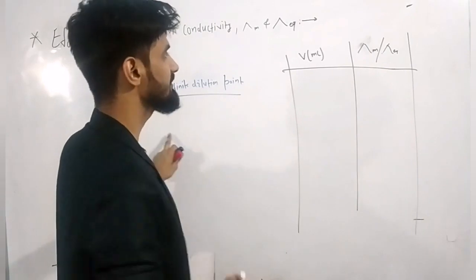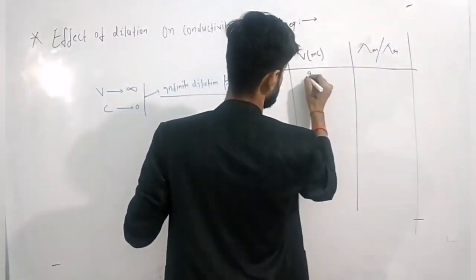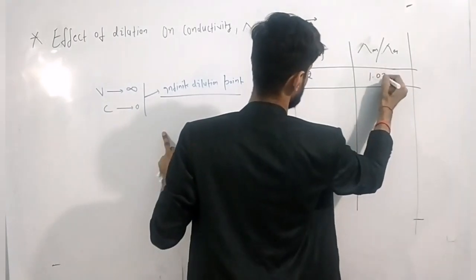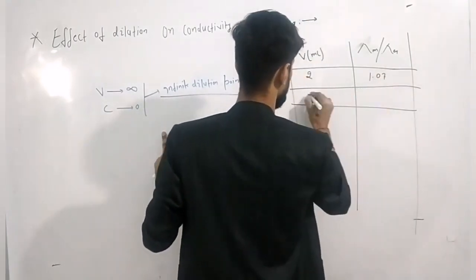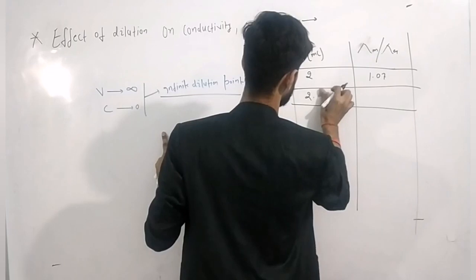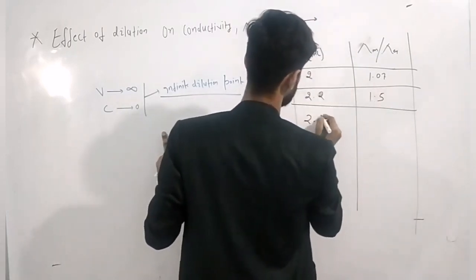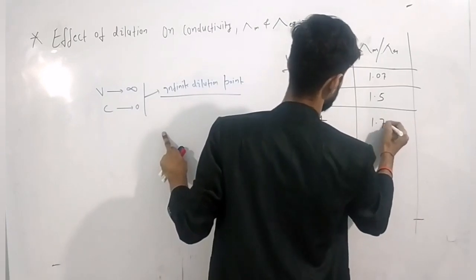If you take a volume of 2 milliliters, kappa molar is equal to 1.07. If you increase the volume to 2.2, kappa molar becomes 1.5. If the volume is 2.4, kappa molar becomes 1.75.